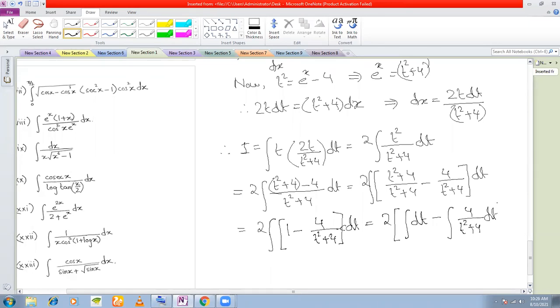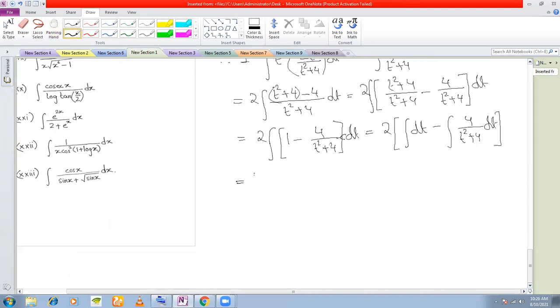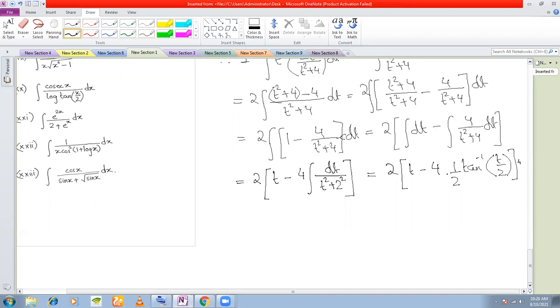Now again here we are coming across an integral, a new formula, which I will be discussing in the next part, which is t minus, you can take 4 out of the integral to get dt. T square plus 4 is t square plus 2 square. And therefore this can now be written as twice t minus 4 into 1 by a tan inverse x by a plus c.